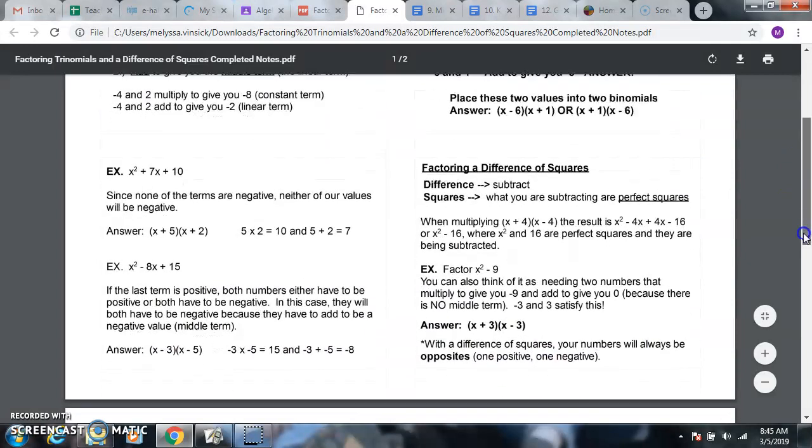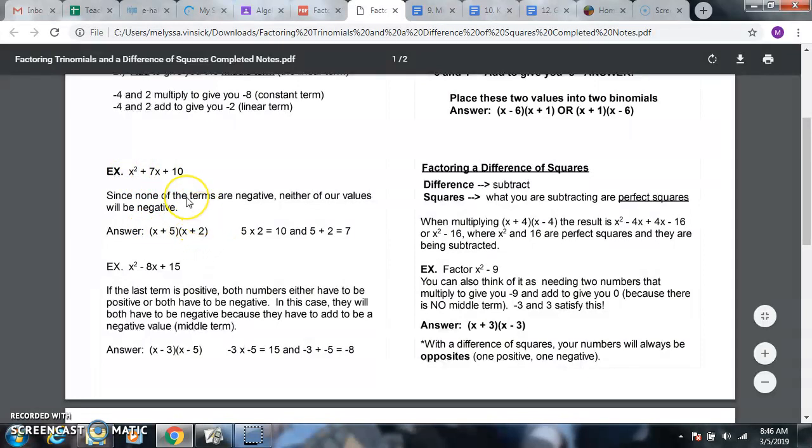All right, let's look at another example then. So x squared plus 7x plus 10. Same rules. I need them to multiply to give me a positive 10, and when I add them, they have to give me a positive 7. If everything in your original problem is positive, then everything in your factors is going to be positive as well.